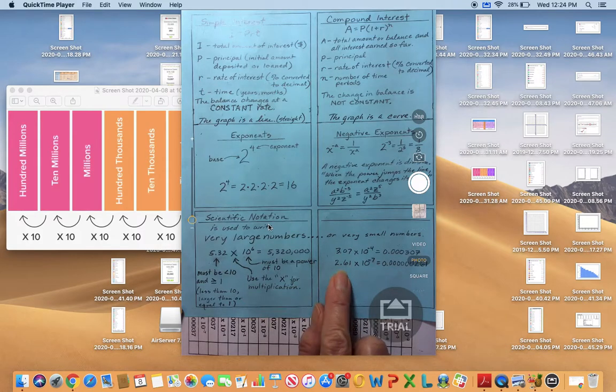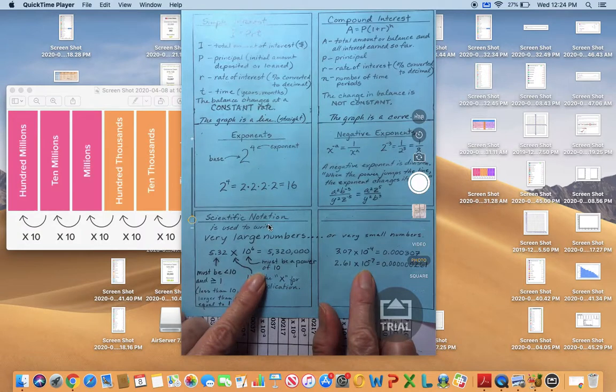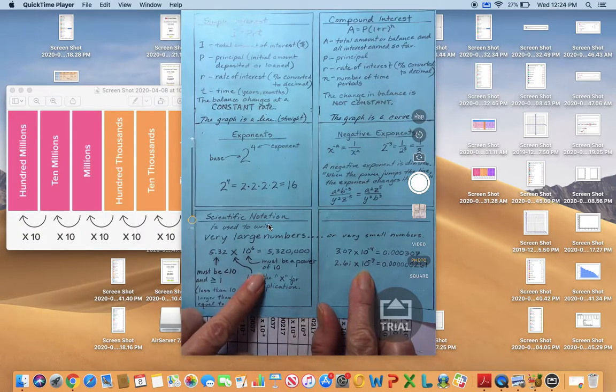The two things that are the same are that the first factor still needs to be less than 10 and larger than or equal to 1. The second factor, another thing that's the same, needs to be a power of 10.